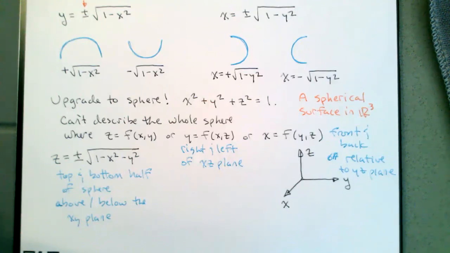If I want to make my sphere solid, instead of saying x squared plus y squared plus z squared equals 1, I would have x squared plus y squared plus z squared is less than or equal to 1. And that's all the spheres that have a radius between 0 and 1. So that would be a solid sphere. We want to make sure that we're talking about the sphere or a solid ball.